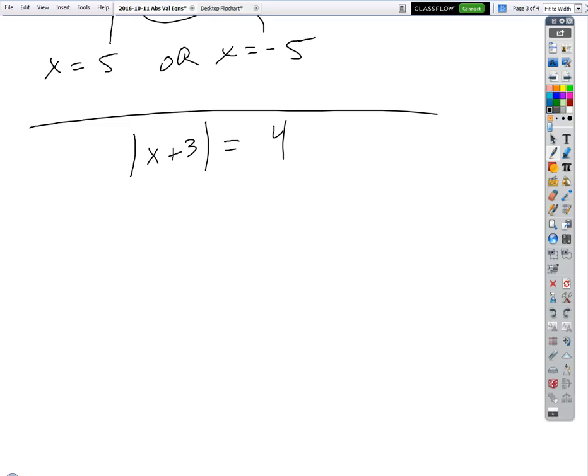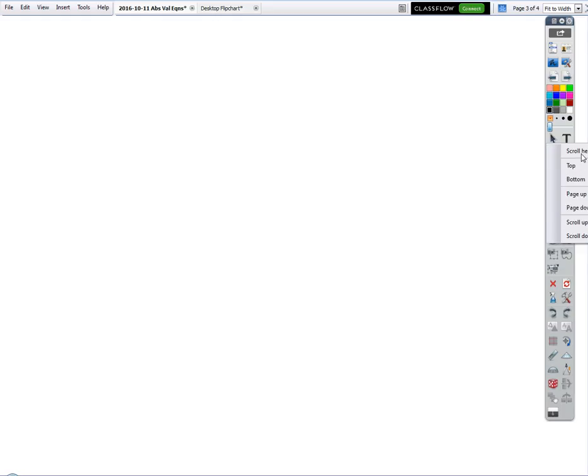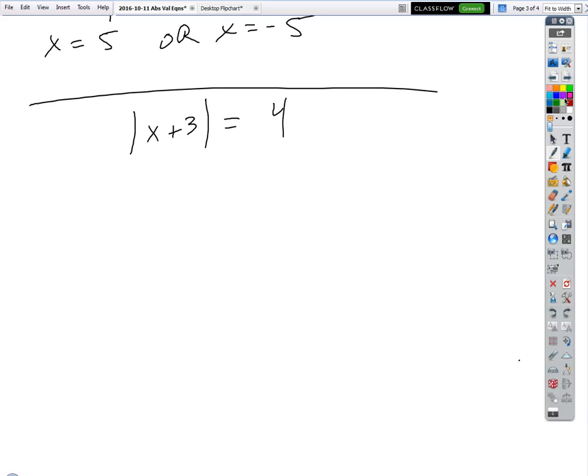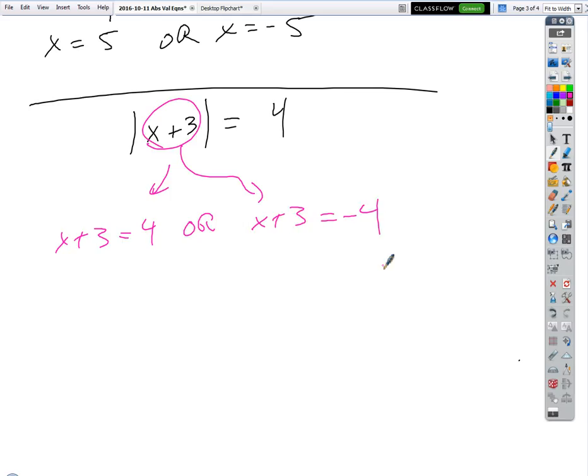So then I could say right away, there's two possibilities. Either whatever's in there, call it hand, equals 4, or whatever's in there equals negative 4.